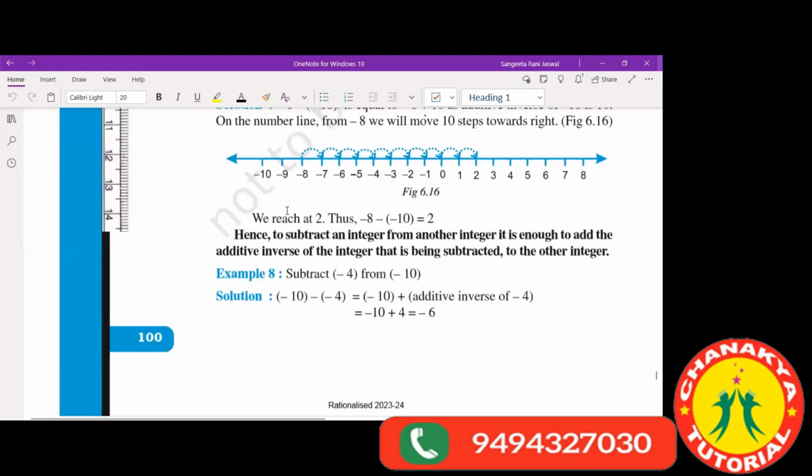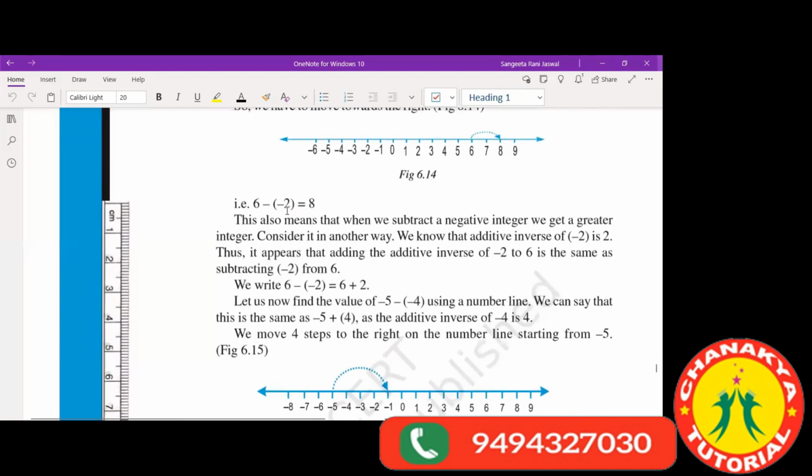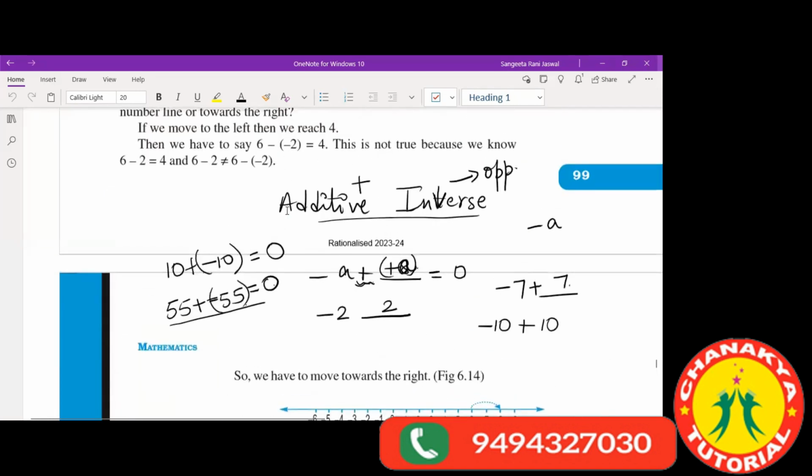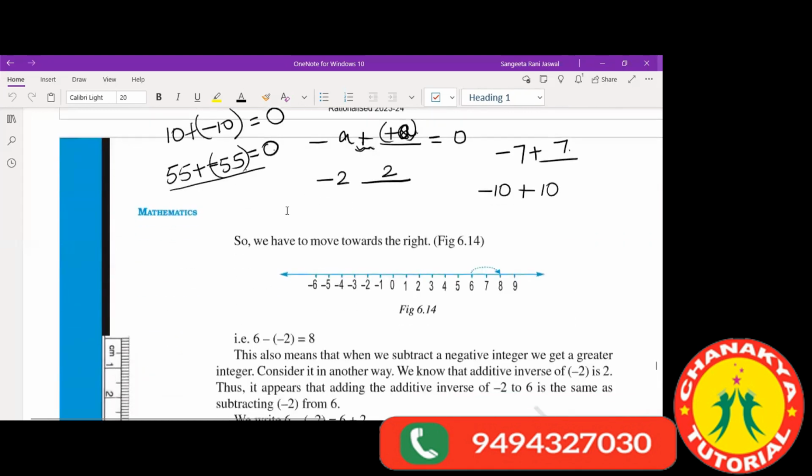Before this, I'll tell you what is additive inverse. Here also we have done additive inverse. Okay, now see. When we talk about additive inverse, suppose I have this number 6 here, minus 6.